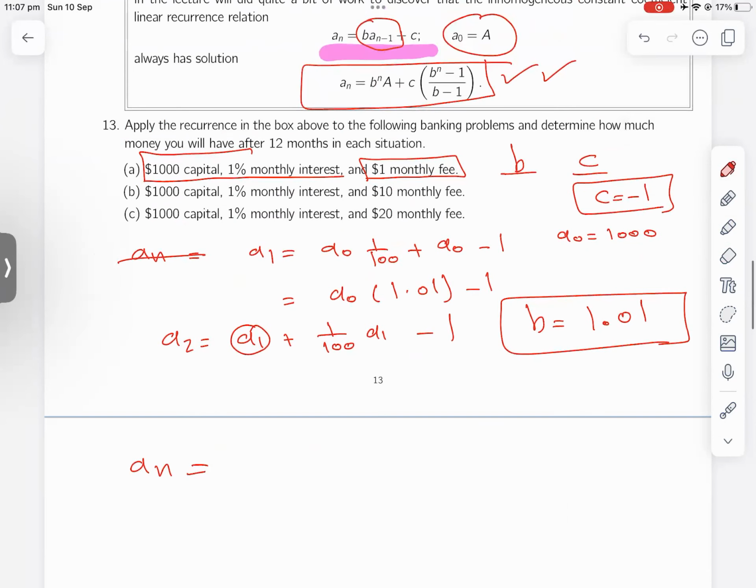So An is equal to, what's the formula? I'm just going to follow this relationship.